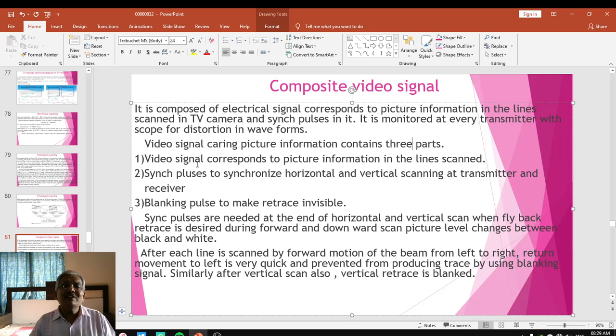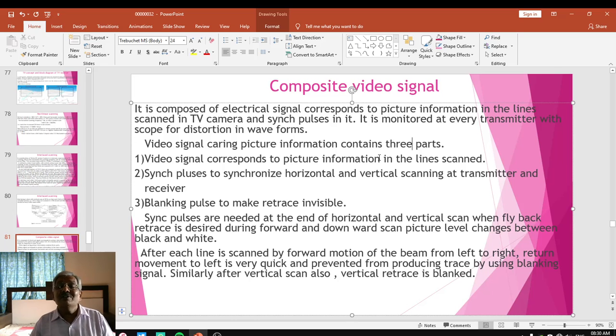One is the video signal corresponding to picture information in the lines scanned. It means the camera snaps the scene and converts the optical image into its electrical signal. This is the first part of the composite video signal, which we can call the video electrical signal corresponding to the picture information.